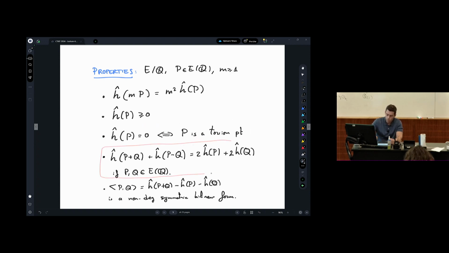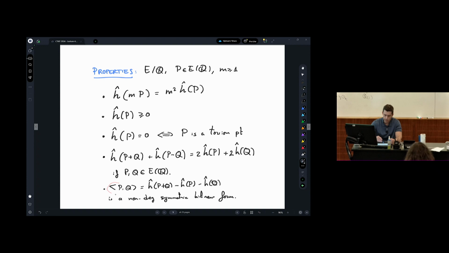Also theoretically very important is that the canonical height satisfies this property, and if you are a quadratic forms buff, then you know that this has a name, and it's called the parallelogram law. And whenever you see this with a function, then you know there is some sort of quadratic form lurking in the background, and that's why one defines a pairing like this.